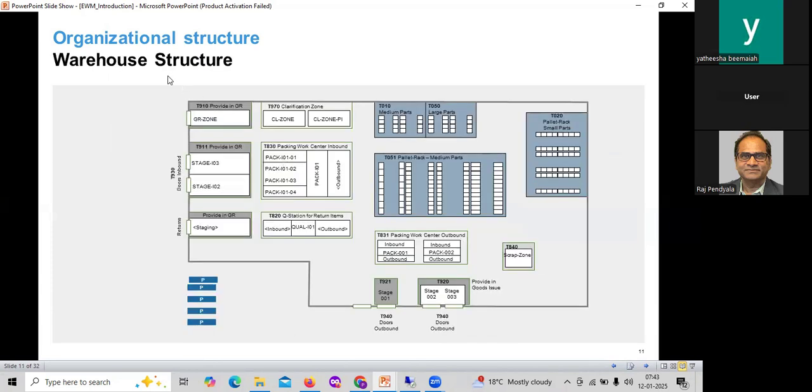In this warehouse structure, I will explain the different areas within the warehouse. Let's say these are the inbound sections, and these are the outbound sections within the warehouse. The blue dots are the high rack storage, where we receive the goods from the external supplier or from production and store them in the warehouse.